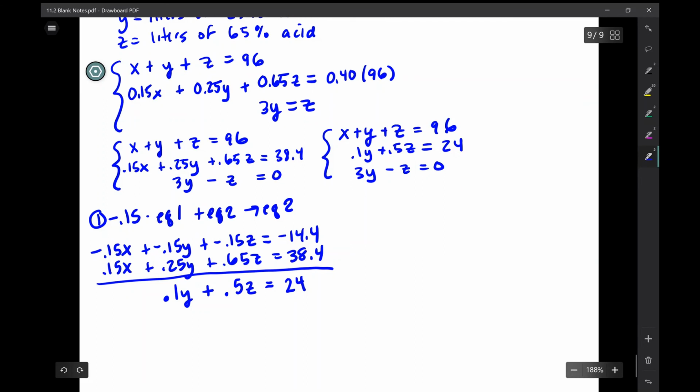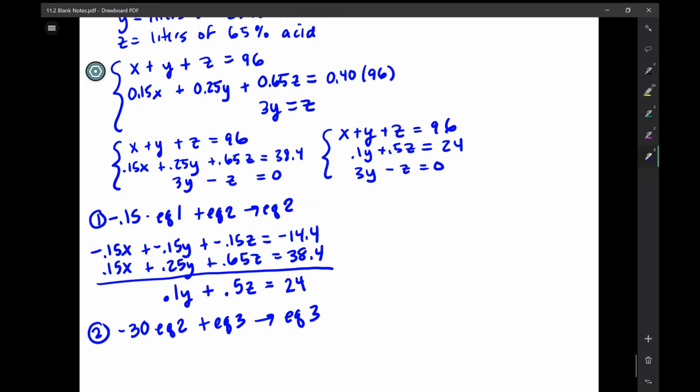We're getting there. All right, what are we going to do to get that to drop out? What do you take 0.1 by to get negative 3? I think it's 30, right? 0.1 times 30 would be 3. So we're going to multiply by negative 30. Negative 30 times equation 2 plus equation 3 is my new equation 3. So let's see, negative 30 times 0.1 is negative 3.